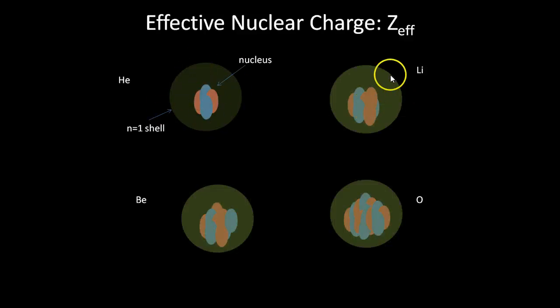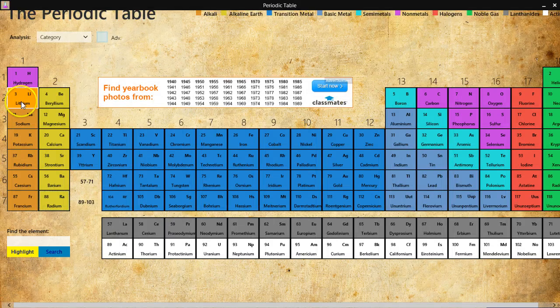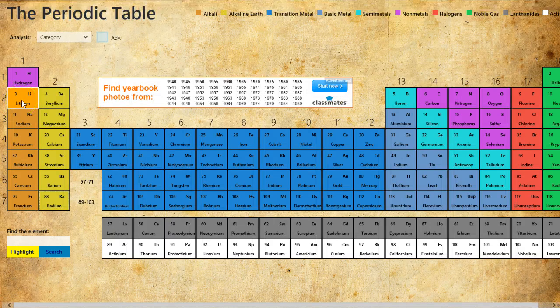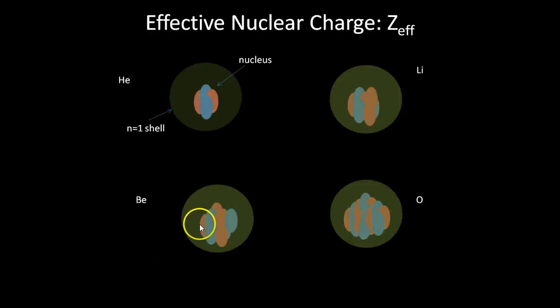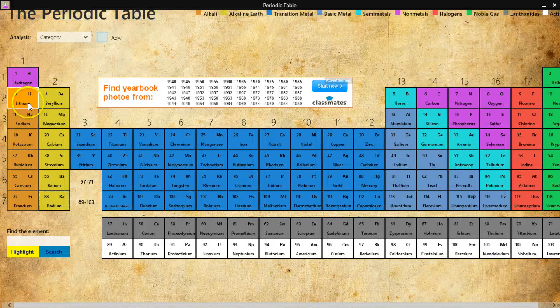We go to lithium, it's got an inner core shell, but it also has one electron in the 2s subshell, and that electron would be blocked by the 2 electrons in the inner shell. Go to beryllium, it's got 2 electrons in the outermost shell.